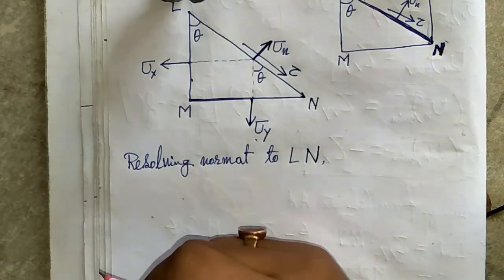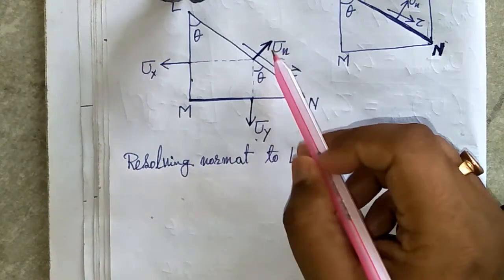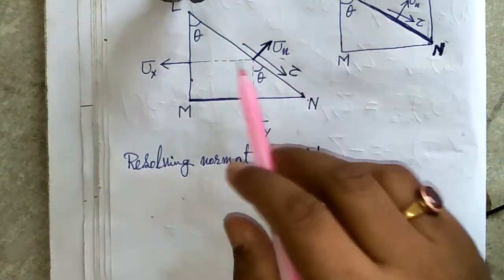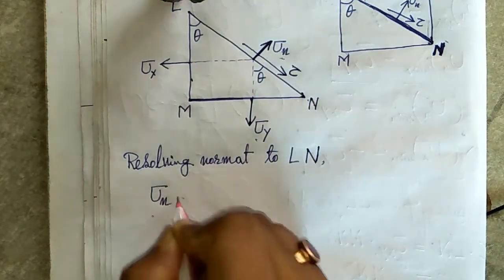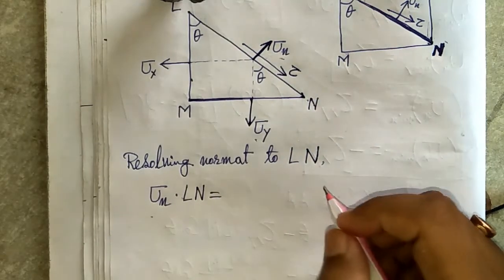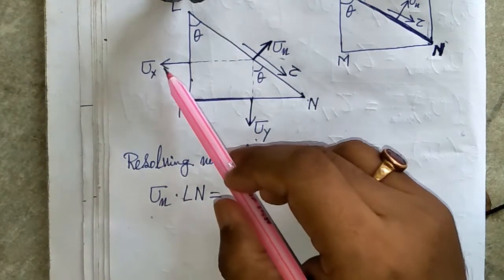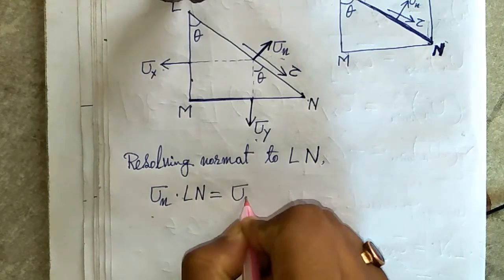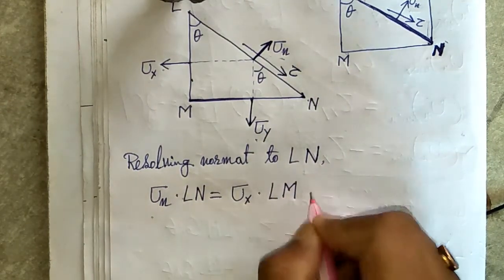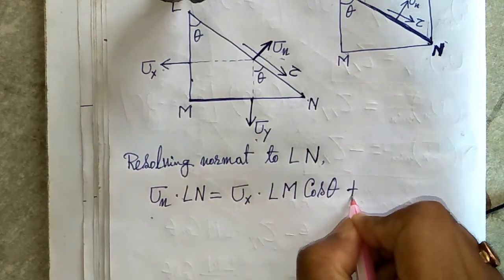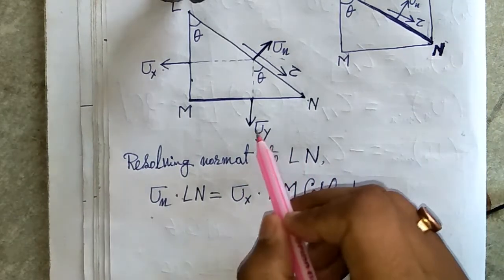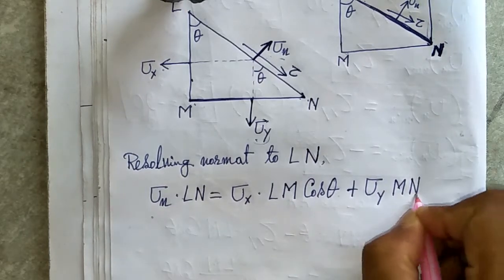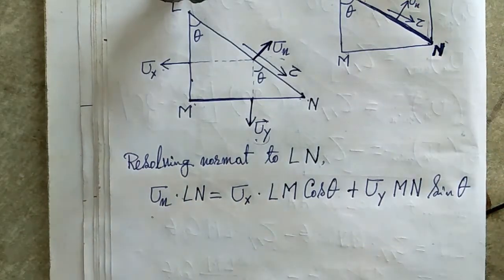So resolving normal to LN, sigma n, the normal stress, into the area, that is ln, into the height 1, I have told. So sigma n into ln is equal to sigma x into lm cos theta, plus sigma y into mn sin theta.